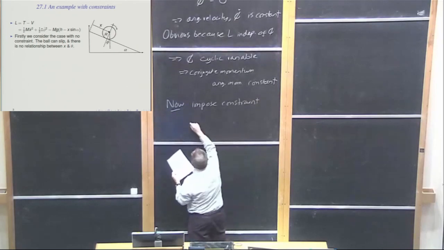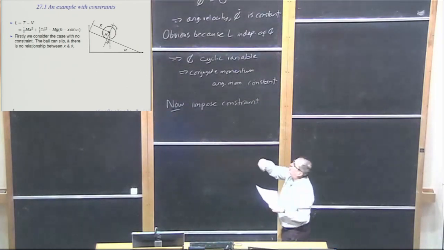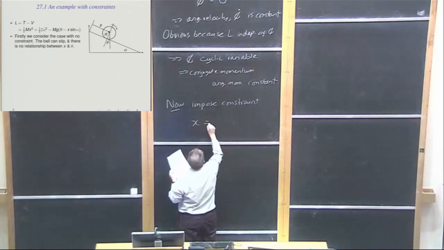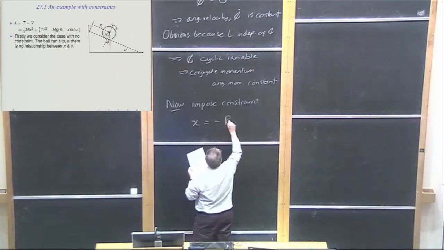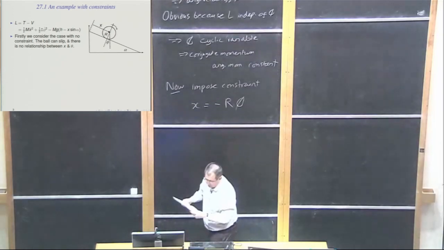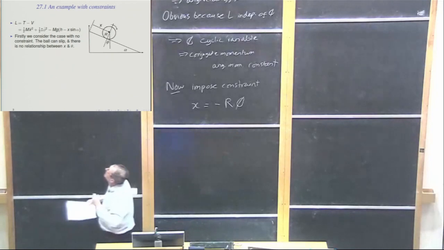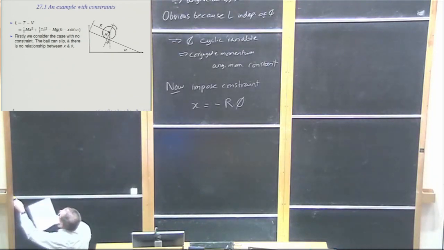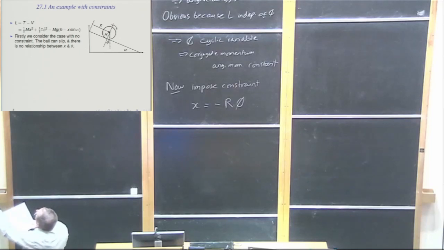that there is a relationship between x and phi. So x equals minus r phi. So you might be initially a bit perturbed by the minus sign, but that is just to do with how phi is defined.